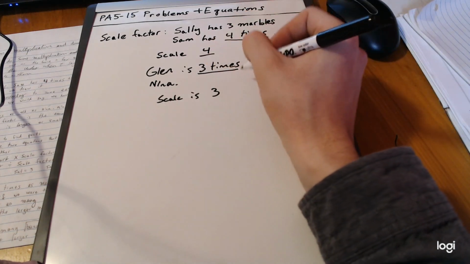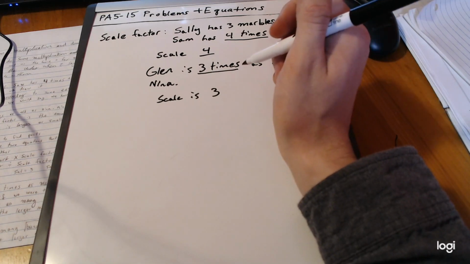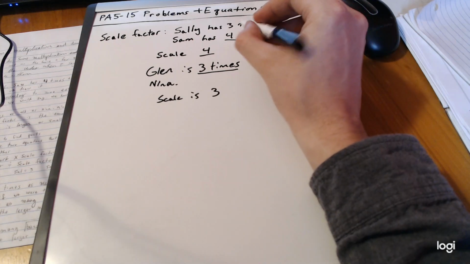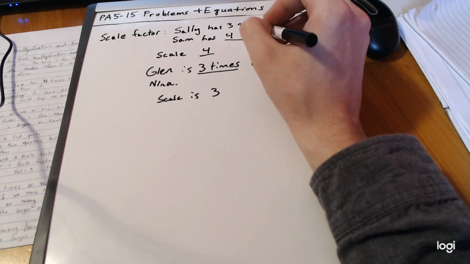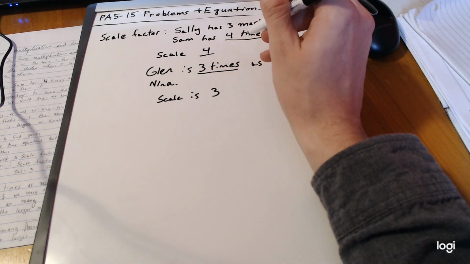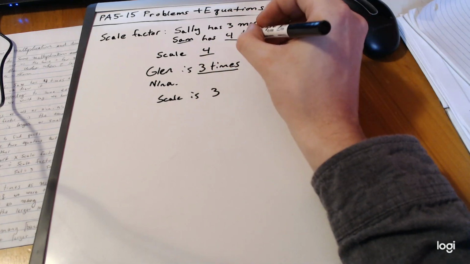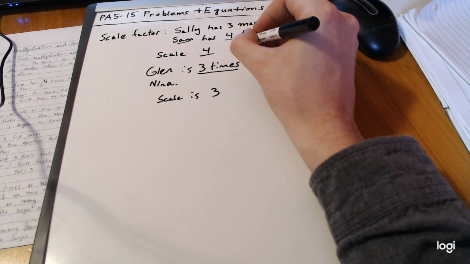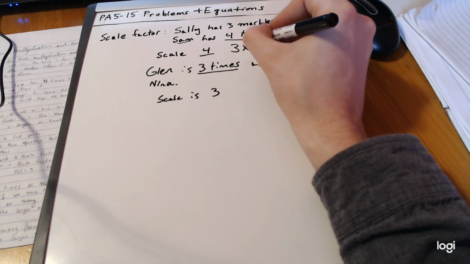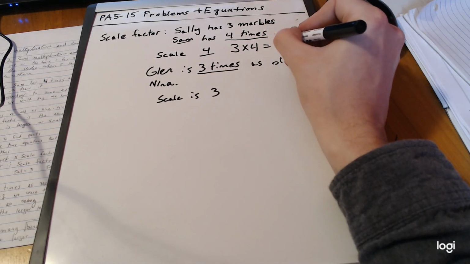So we have Glenn is 3 times as old, so the scale would be that, and if I said he was 5 times as old, then it would be bigger. Now, let's go here. We have 3 marbles, and the scale factor is 4. How do we figure out how many marbles Sam has? We know that Sam is going to have more marbles. So we multiply Sally's number of marbles, 3, times 4, and that gives us Sam's amount of marbles, which is 12.